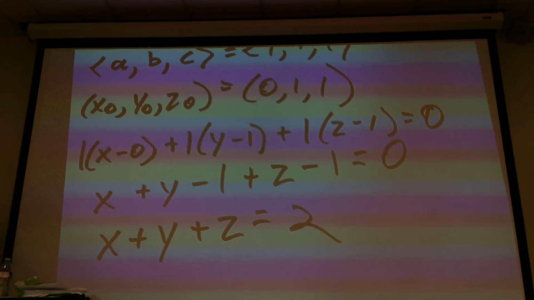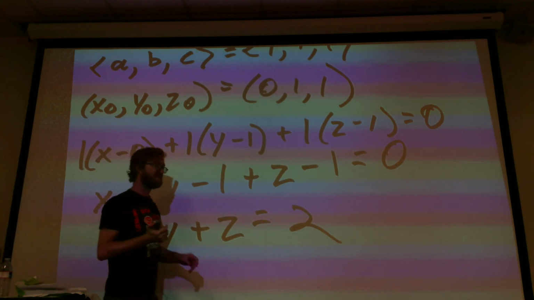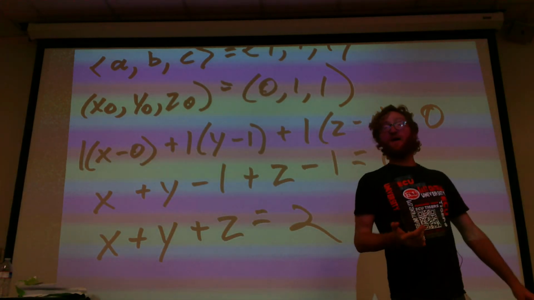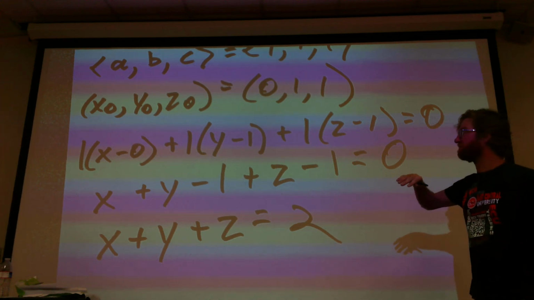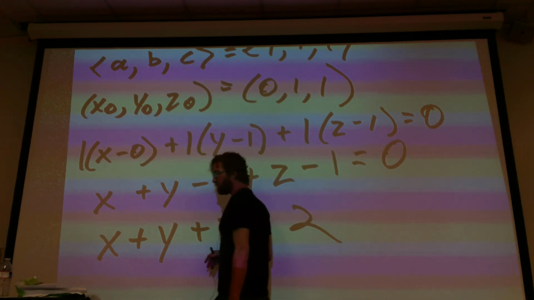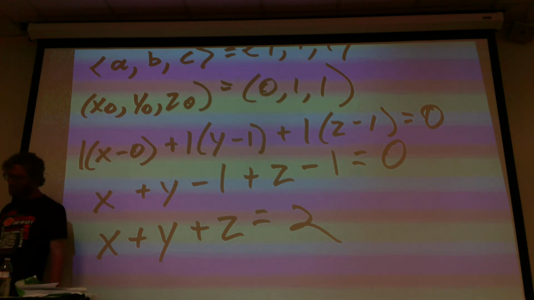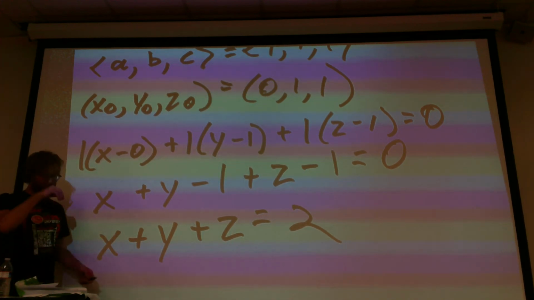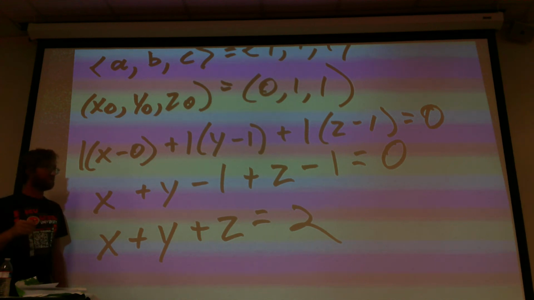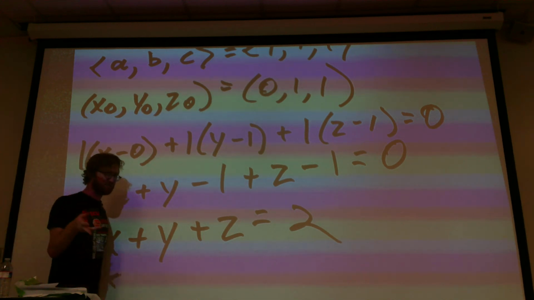The reason I said this deviated from my notes slightly was I did the other cross product. And what did I get for the other cross product? If I did P1 cross P2, P3 instead of P2, P3 cross P2, P1, you'll end up with -1, -1, -1.